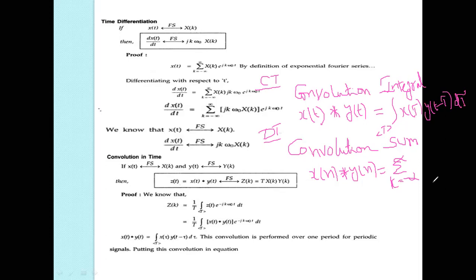For the discrete time function, the variable changes: y of n is equal to the sum of k equal to minus infinity to infinity of x of k, y of n minus k.